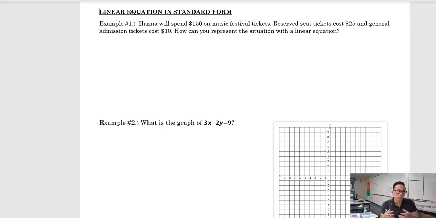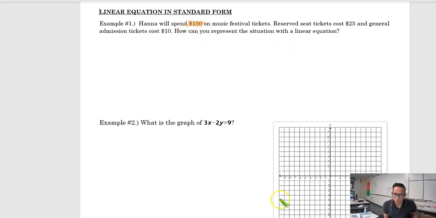Okay, first we have to do a representation on the cost of the reserve seat ticket and the general admission ticket. One of the strategies that you can use is to highlight all the numbers that are essential. So $150 is the total amount, the total budget that Hannah has to spend.